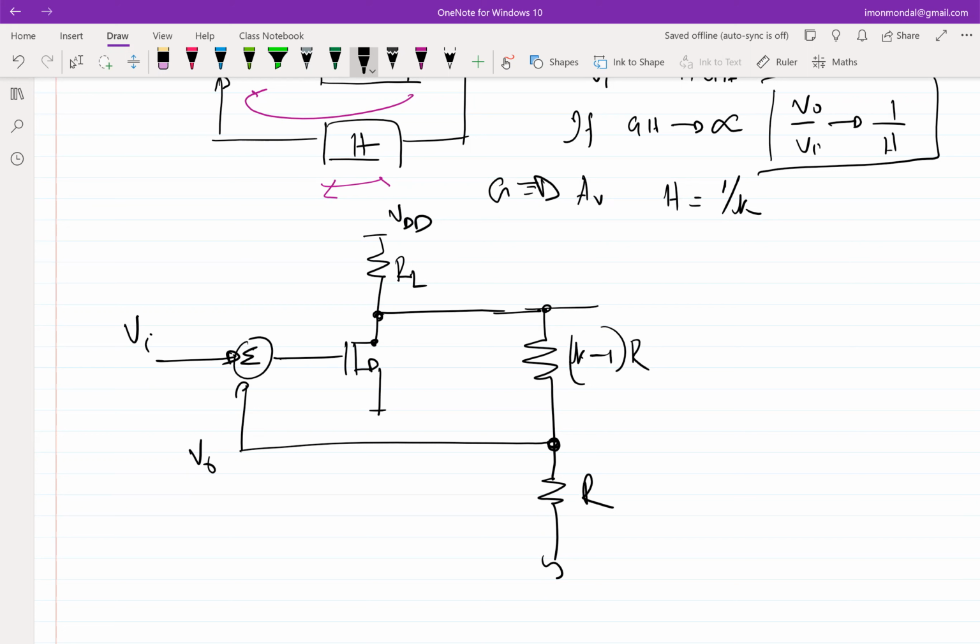The first thing that I need to check here is the sense of the loop.